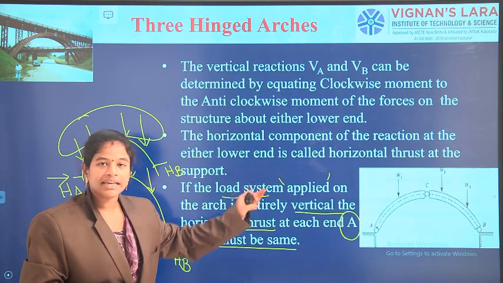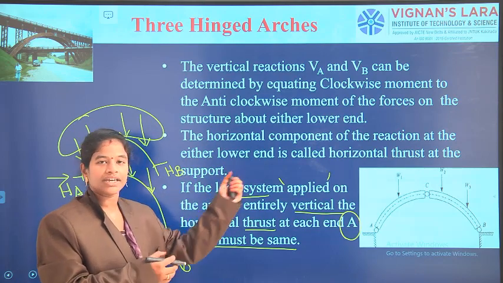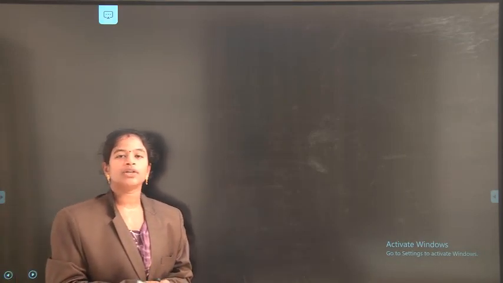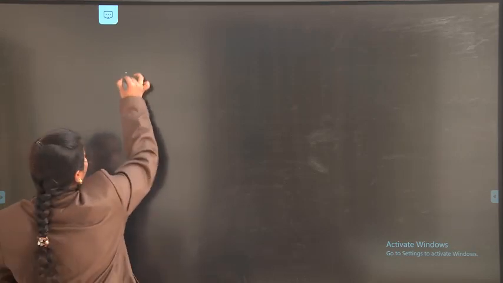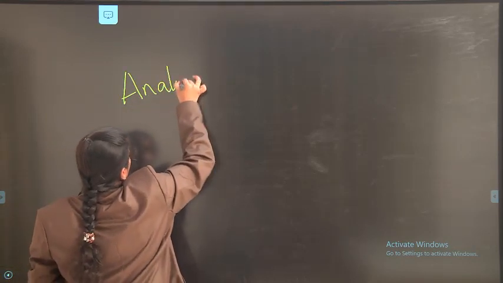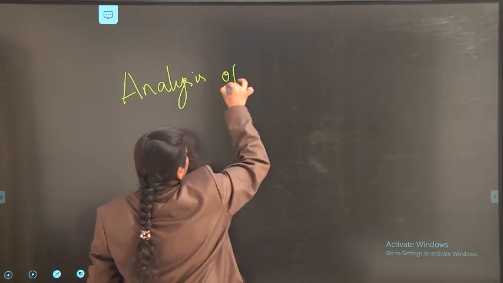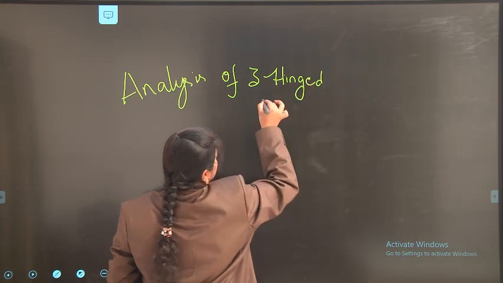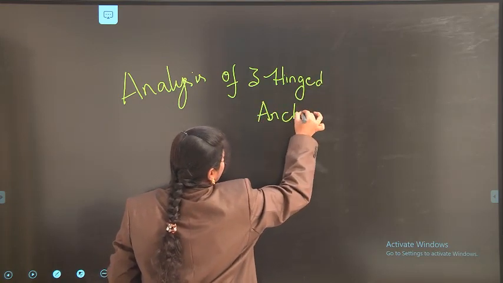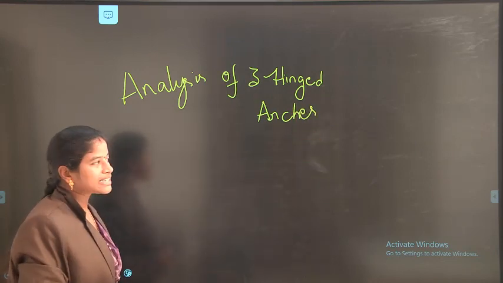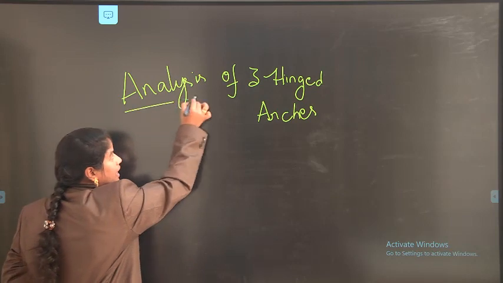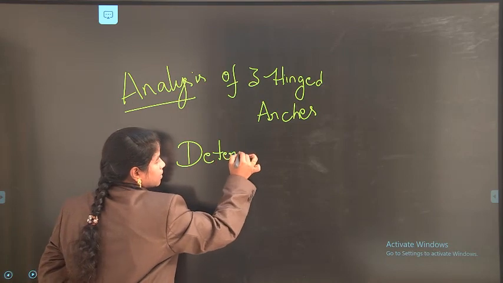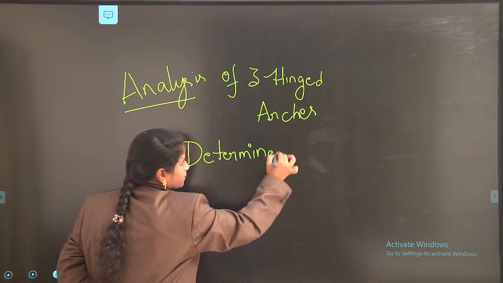Now we will go into the summary, then we will go into the analysis with individual equations. So in today's class we came into the concept of analysis of three-hinged arches. The three-hinged arches we need to analyze. Before analyzing, we need to classify whether the structure is determinate or not.